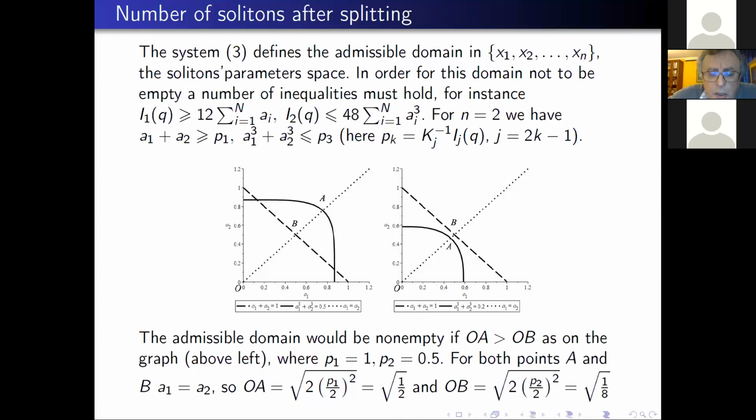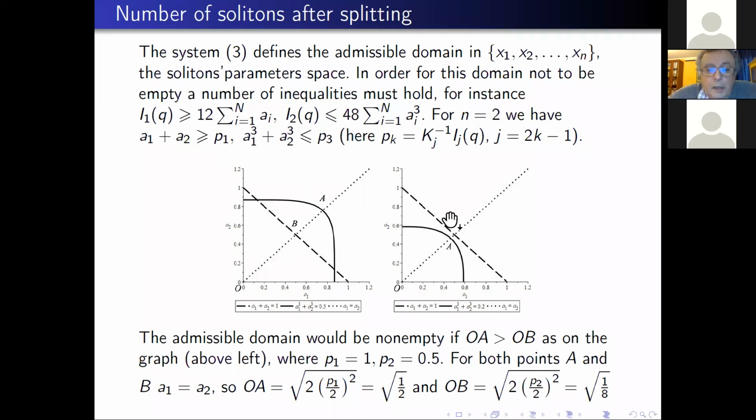It will change if we take, to obtain an admissible domain, the point A must be over the point B. Here is the case, and here is not the case.